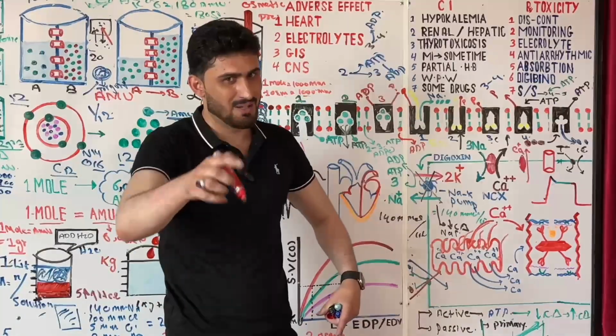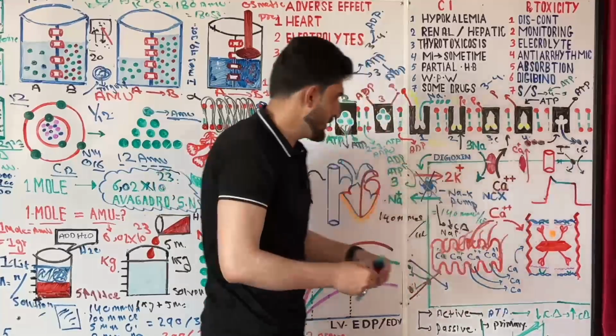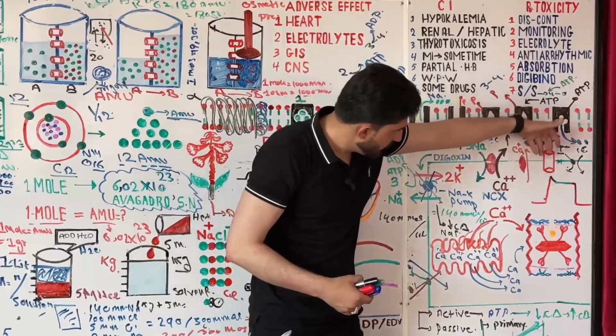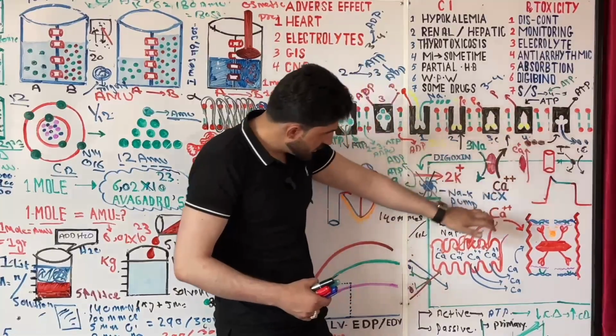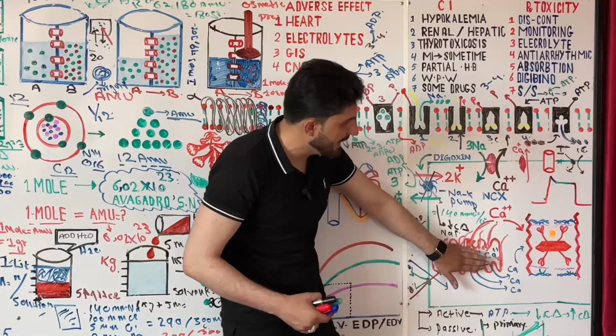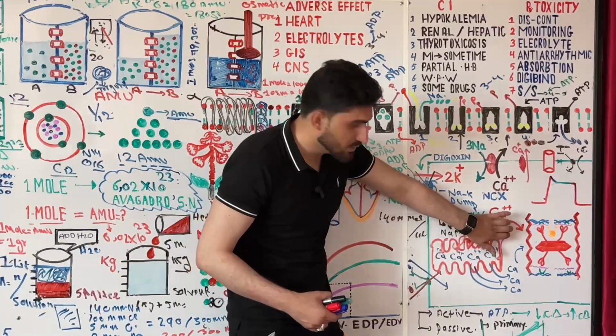Now during the second contraction, during the second stimulation, when I stimulate this cell, calcium will come from the outside, and also during contraction more calcium is released from the sarcoplasmic area to the cytosolic area.